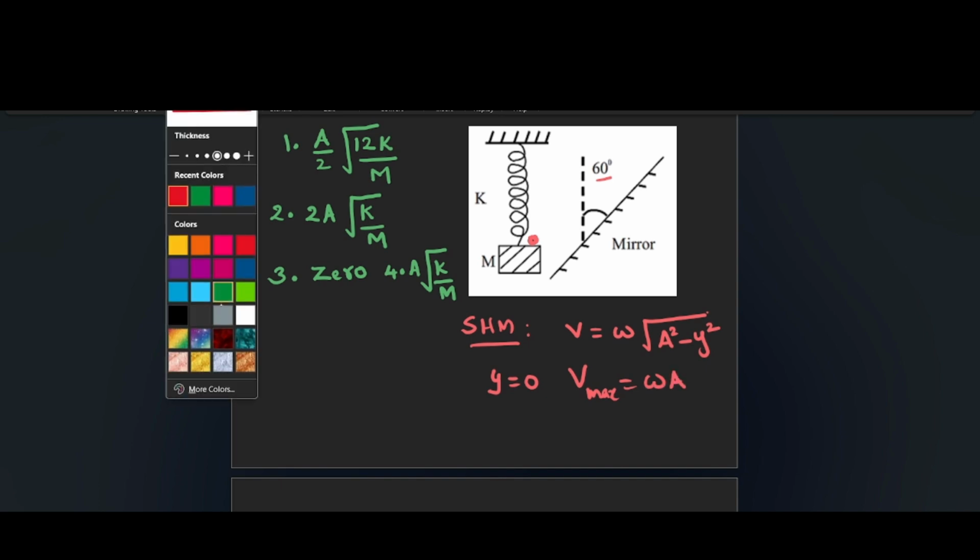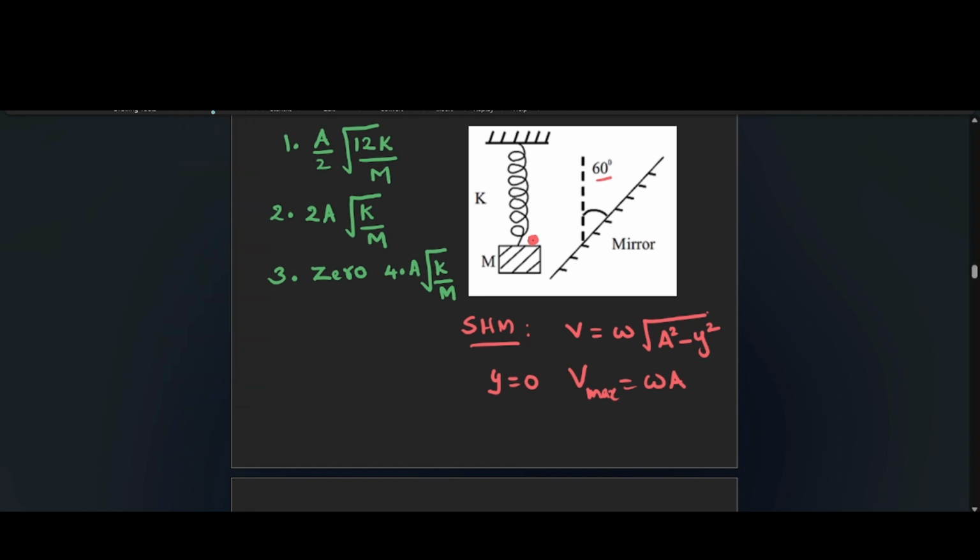Another concept here is the mirror. In the case of a mirror, for example, if an object is moving with velocity v, its image also moves with the same speed in the opposite direction. So the relative velocity of the object with respect to the image you can write as VO minus VI.